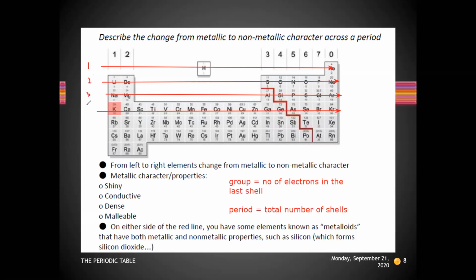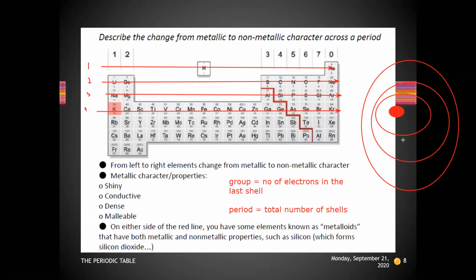So if I say potassium belongs to the fourth period, what does it mean? It means 4 shells are used in potassium. And it belongs to group 1.